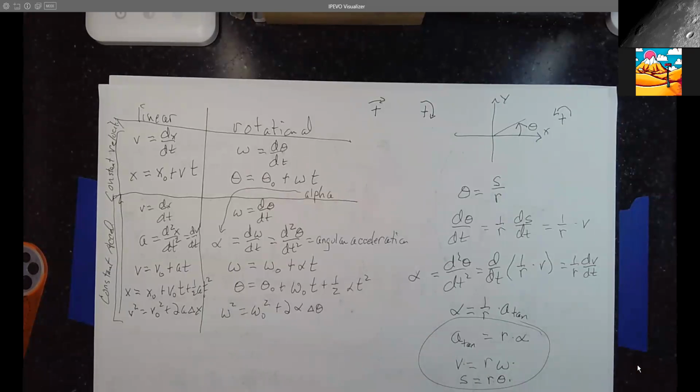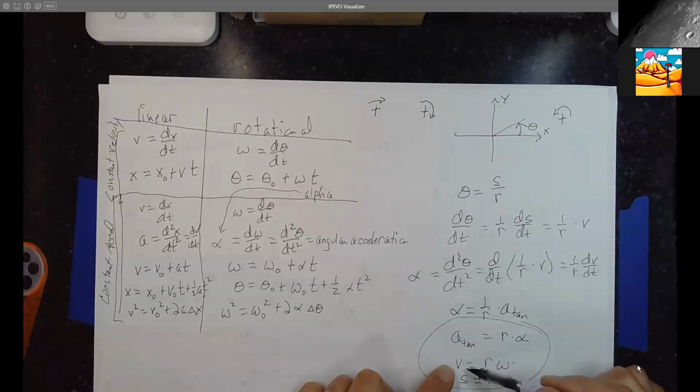It's kind of beyond the scope of our class, but in a more advanced dynamics class, in physics we call it classical mechanics, in engineering it would be engineering dynamics, you may treat all of these as vector quantities and take derivatives.